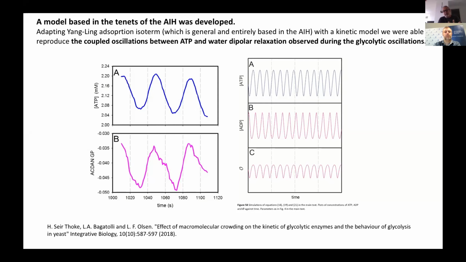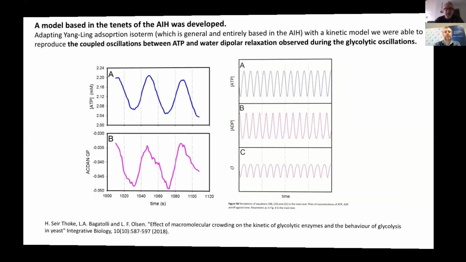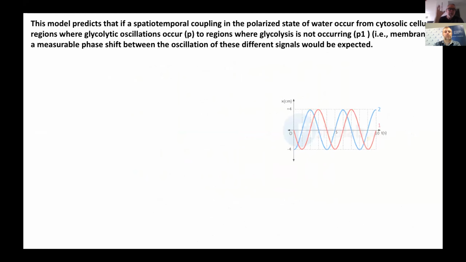For example, particularly intrinsically disordered proteins and cytoskeletal proteins, okay? And the interesting thing is that this model predicts that if you do have a spatiotemporal coupling in the polarized state of the water, from the place where the glycolysis happens, which is in the cytosol, to regions where the glycolysis is not occurring, which is the case, for example, of the membranes, then you expect that the oscillatory waves will have a phase shift.